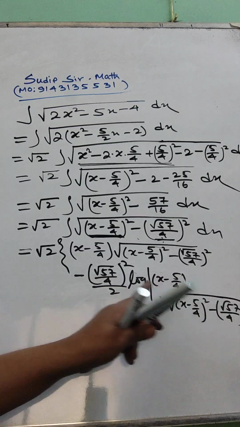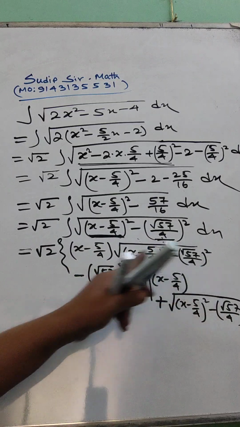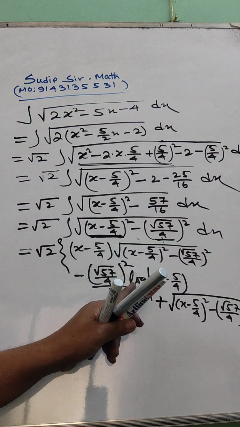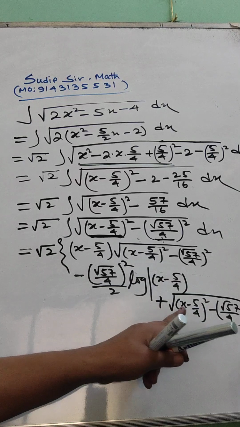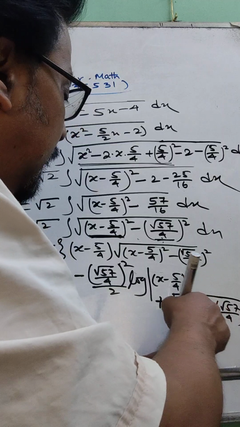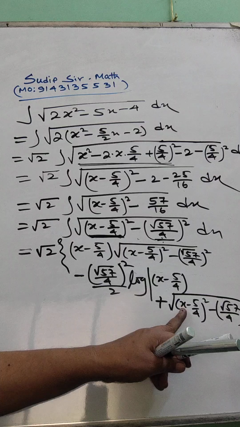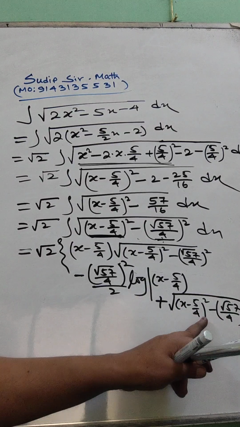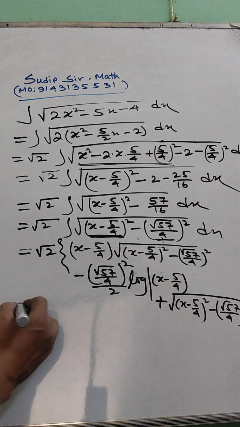Okay, this is x root over of x square minus a square minus a square by 2 log of x plus root over of x square minus a square. Now just simplify it, you will get the result.